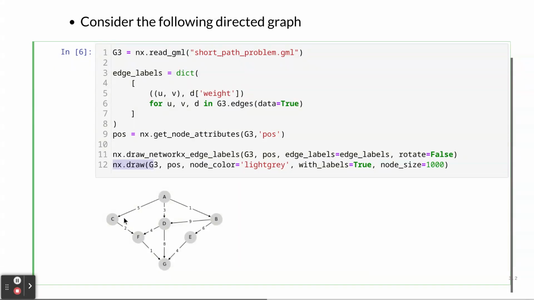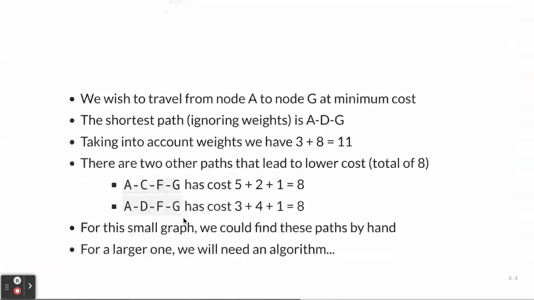So this is called a weighted directed graph. The arrows all go out from A, meaning A is the source node for our graph, and they all flow into G. So what we'll be considering is how we can traverse from A to G in the shortest possible way.